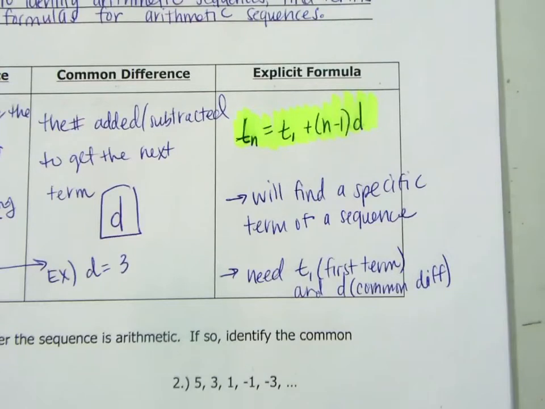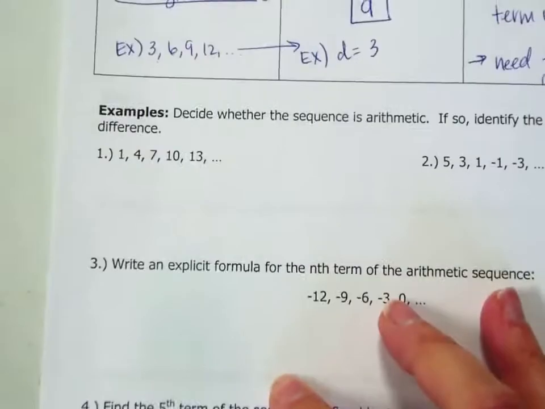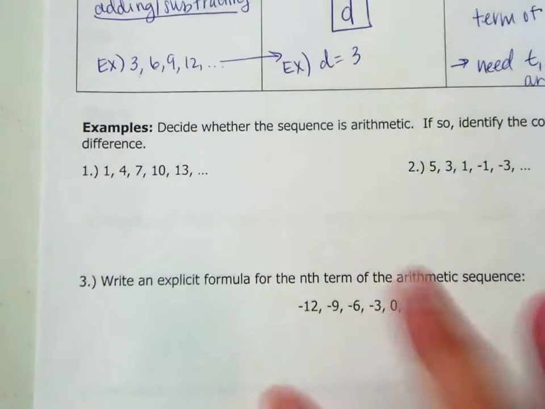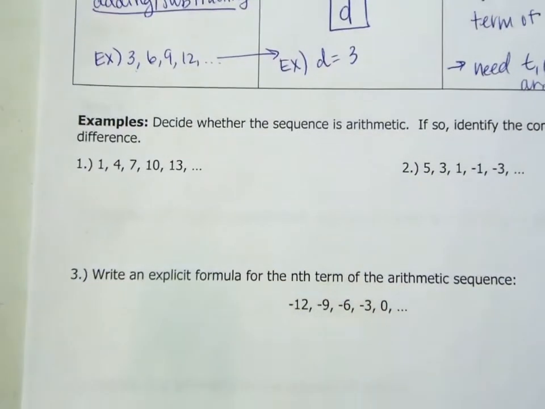What we are going to start off with is just looking at a couple sequences, determining whether they are arithmetic or not. If they are, we will then identify the common difference as well. So if you look at the first example, we have sequence 1, 4, 7, 10, and 13.